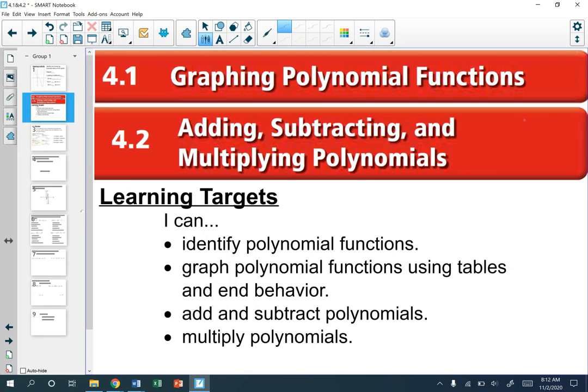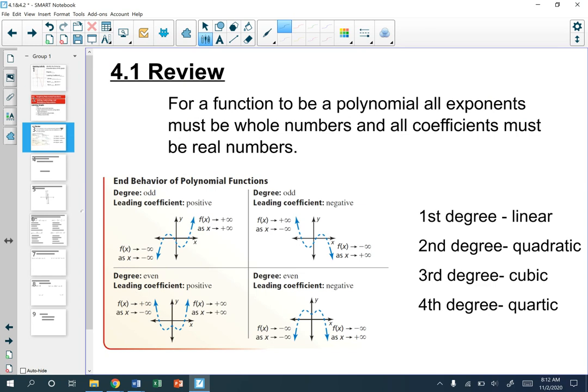Good. So today, as I said, we're going to be going over 4.1 and 4.2. Our learning targets for the day: I can identify polynomial functions, graph polynomial functions using tables and end behaviors, add and subtract polynomials, as well as multiply polynomials. So this should be a review from our exploration yesterday, but just make sure that we're all on the same page.